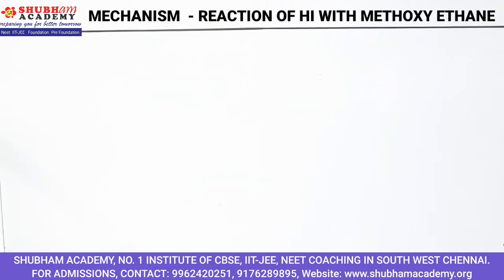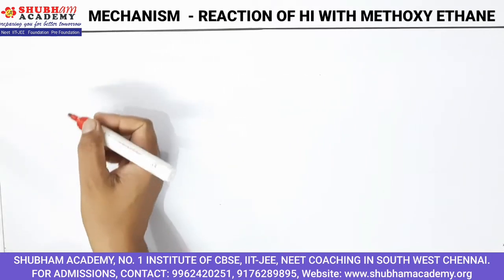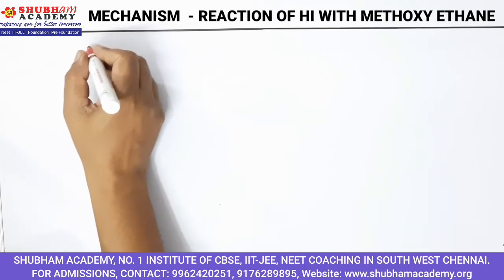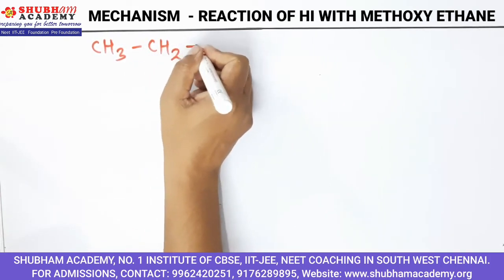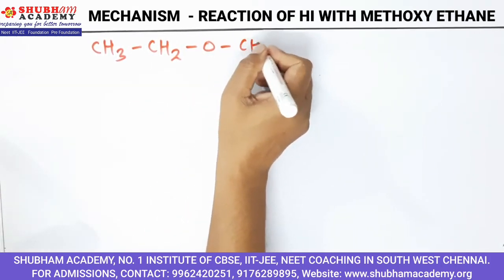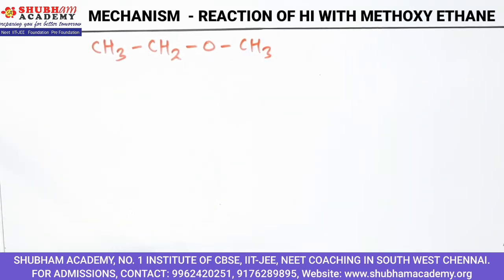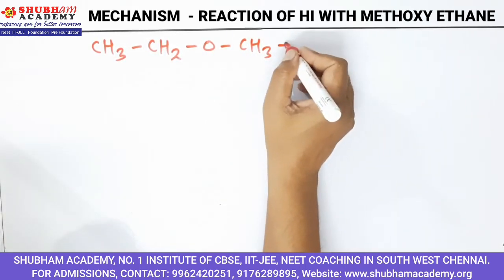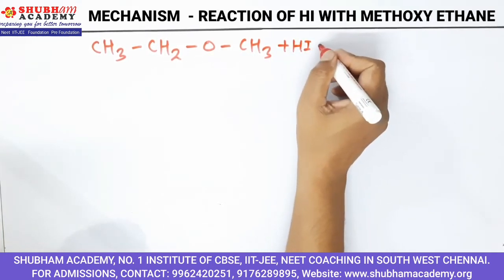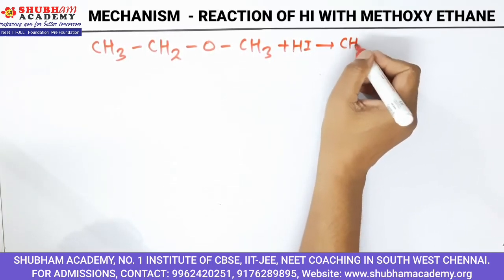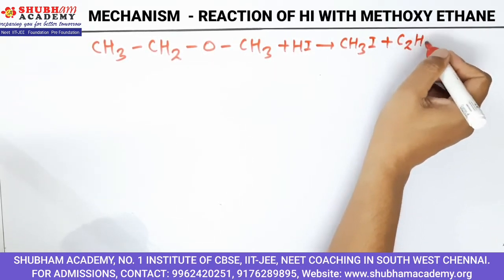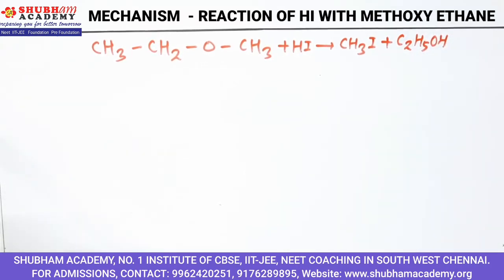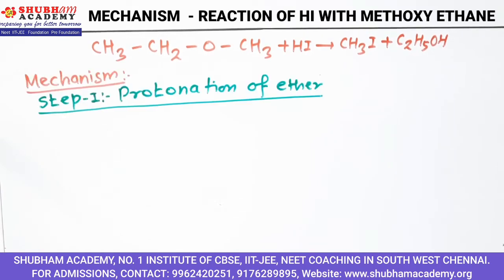So the complete reaction is CH3CH2OCH3, methoxyethane, plus HI, you get CH3I plus C2H5OH, right? Now just see the mechanism part of this reaction.